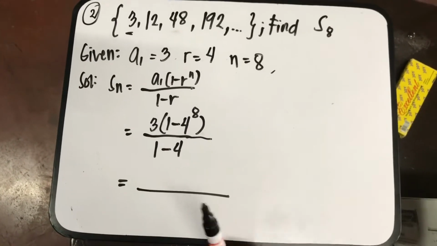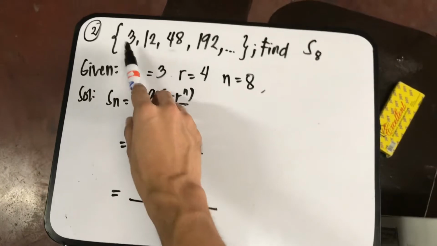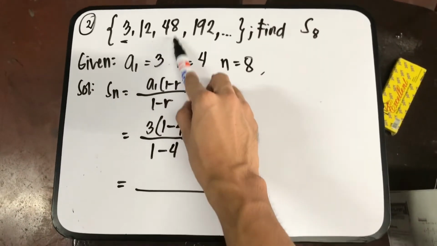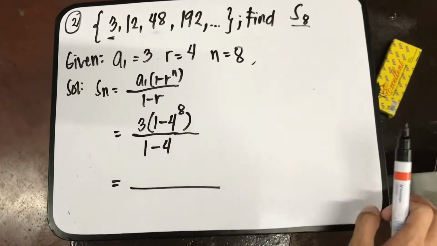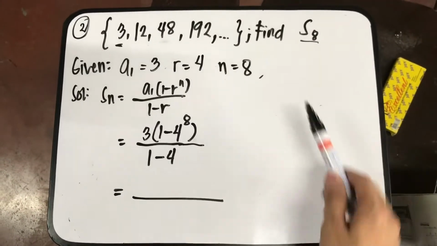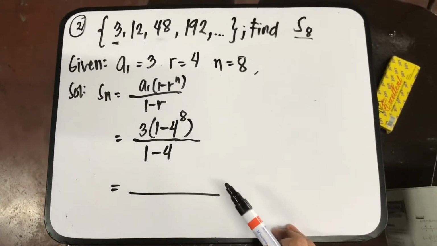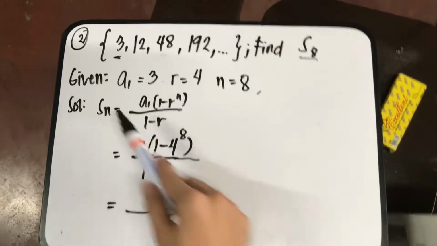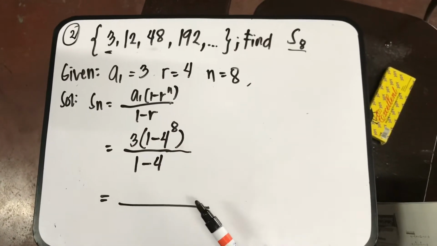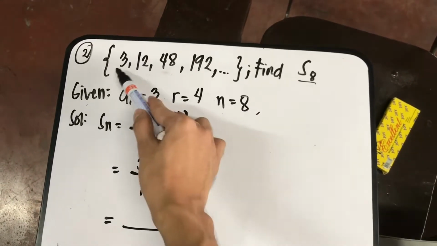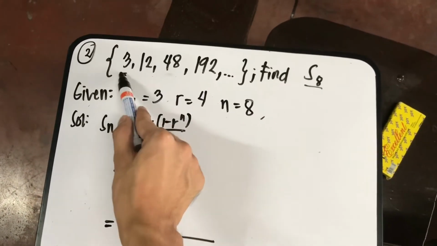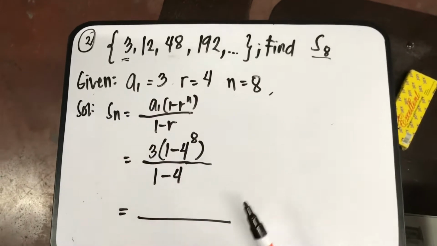Okay, so let's have a second example. So we have here our given geometric sequence of 3, 12, 48, and 192. And we're going to find the sum of the 8 terms or the S sub 8. So, ang una natin gagawin is we're going to find first all the given. Our a sub 1 or the first term is 3. So, dito nang galing si 3 sa ating first term.